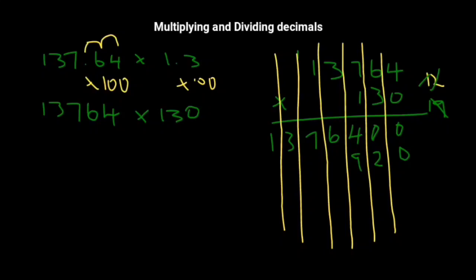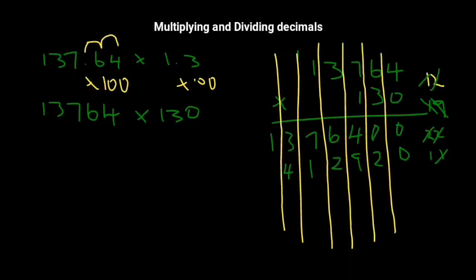So we have 3 times 7, which is 21 plus the 1 from outside, which gives us 22. Then we have 3 times 3, which is 9 plus the 2 remainder gives us 11. So we're going to take our 1. Then we have 3 times 1, which gives us 3, plus the 1 gives us 4.